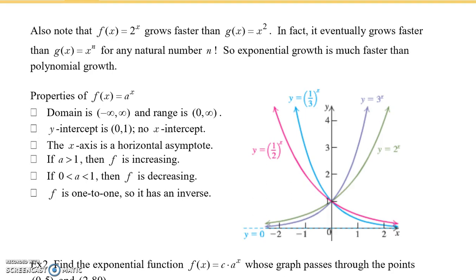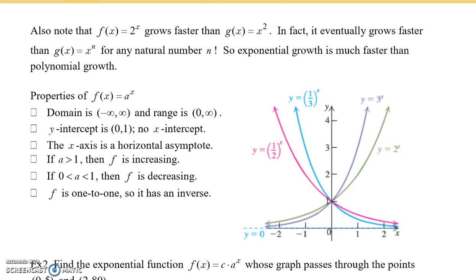Now the graph of f of x equals 2 to the x illustrates some general properties of exponential functions that we will now list. The domain is the set of all real numbers, as I was mentioning a moment ago. And the range is the positive real numbers. So the domain is minus infinity to infinity.